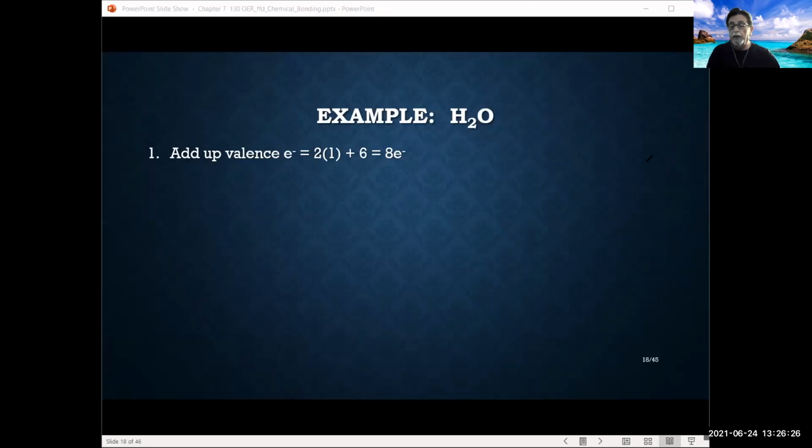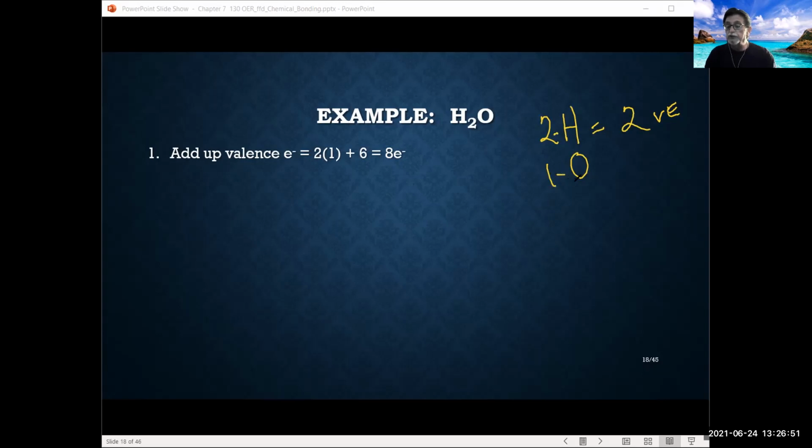Okay, so we're doing H2O, water. And so there are 2 hydrogens, okay? And hydrogen is in group 1. That tells you there's 1 valence electron per hydrogen. And since there's 2 of them, we get a total of 2 VEs, valence electrons. Oxygen, there's only 1 oxygen.